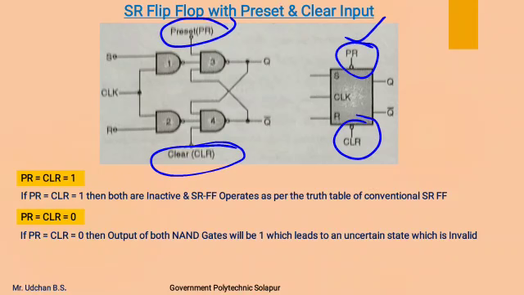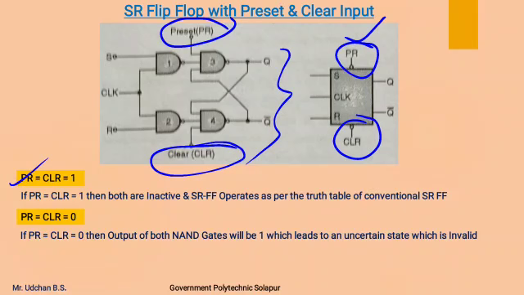These are active low terminals, meaning they have significance when we put a zero value on them. Now as there are two terminals, preset and clear, the possible combinations are 0 0, 1 1, 0 1 or 1 0. We will see the effect of these four combinations on the output of the flip-flop.